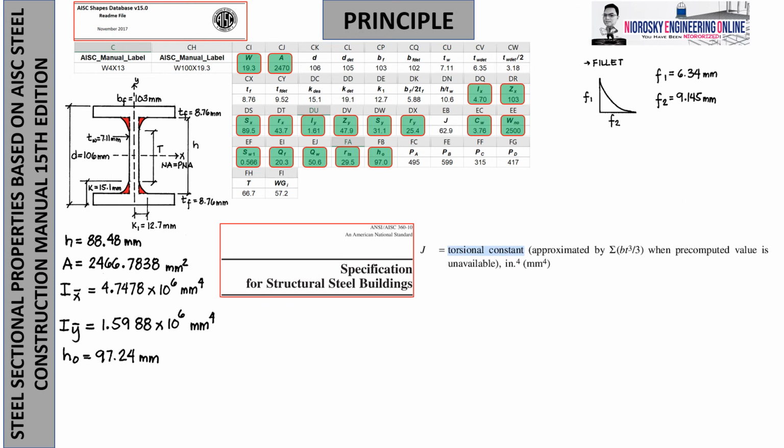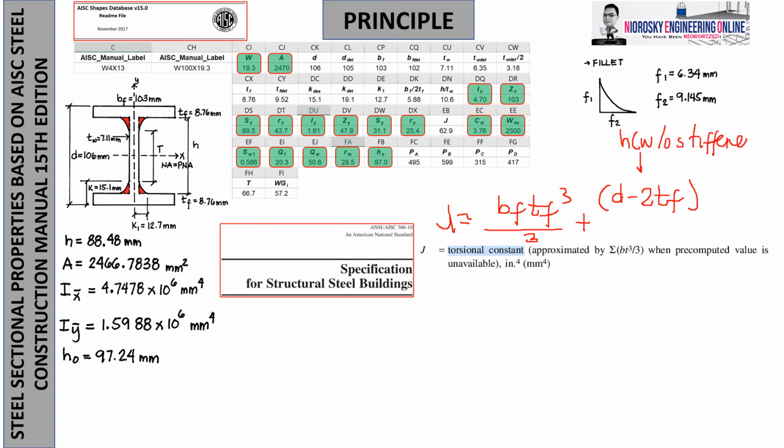So if we follow that, without a stiffener or the four fillets we already counted, we can compute J as approximately BF, TF cubed over 3 plus, if you want to use H, simply the total depth minus twice the thickness of the flange, which is H. This is the H without stiffener.